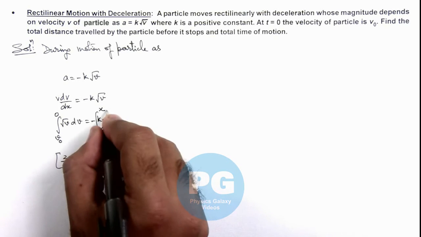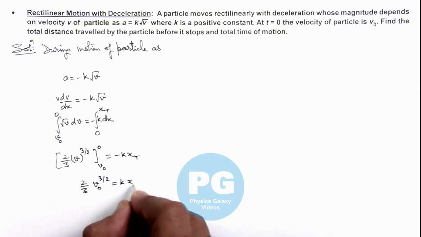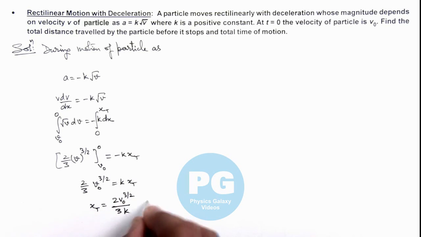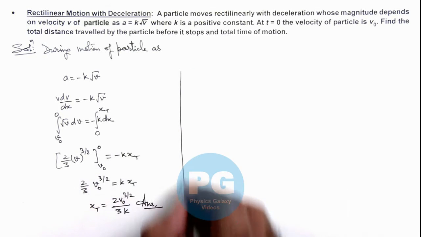This can also be written as x_t, the total distance traveled. So directly, the total distance traveled is 2v₀^(3/2) divided by 3k. That is one result of this problem, the total distance traveled by the particle before it comes to rest. Similarly, we can proceed further.